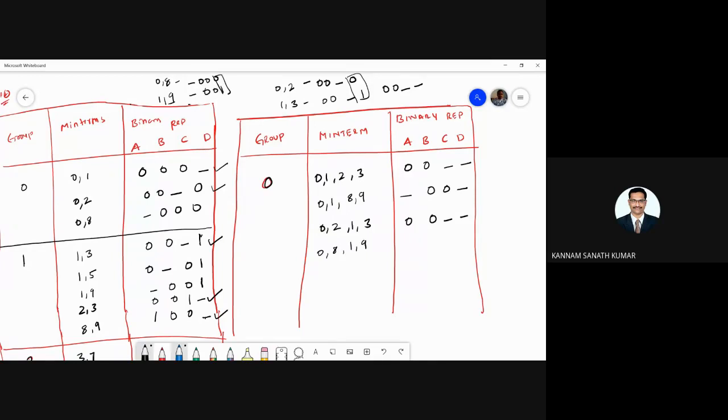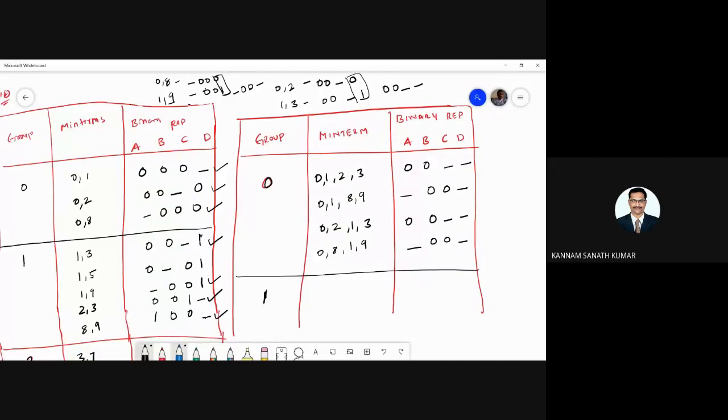This differs by one bit, so you will get dash 0, 0 dash. So 0, 8 and 1, 9 is over. Again, if you compare, none of these will match with 1 comma 5, so the bits are different.